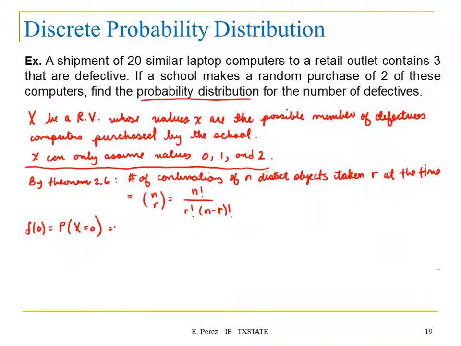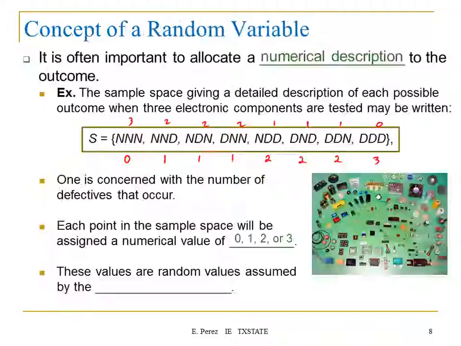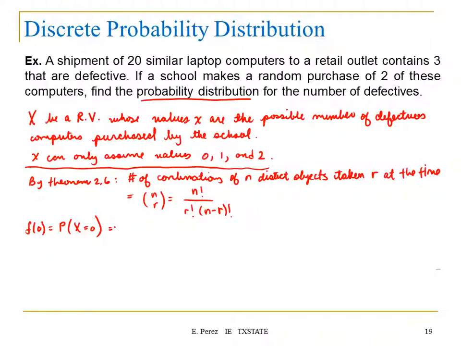Okay, so now I need to define the number of outcomes for such an event. So for this event, we're trying to find the number of defectives, right? So the number of defectives equals 0 for this case, probability of x equals 0. And using the number of combinations, I can use the multiplication rule to find the number of outcomes for this event. Okay, so I'm showing you that right now.